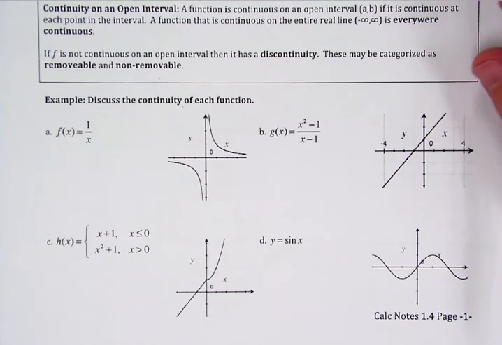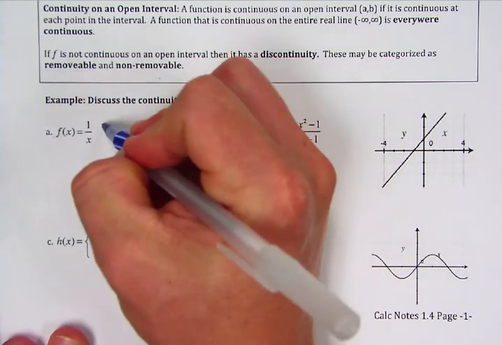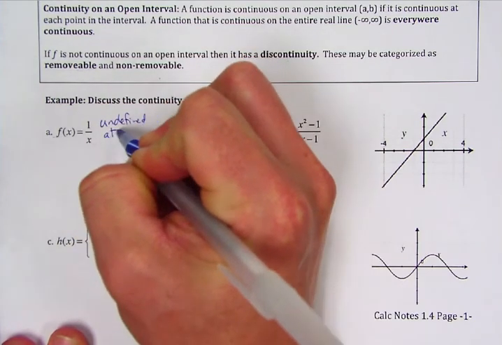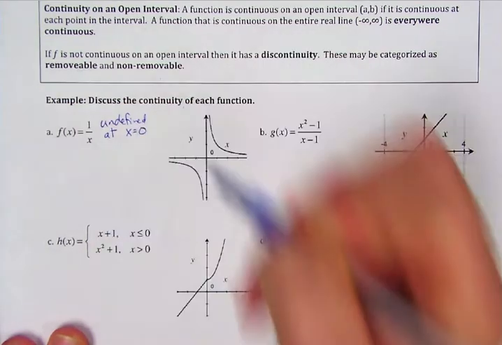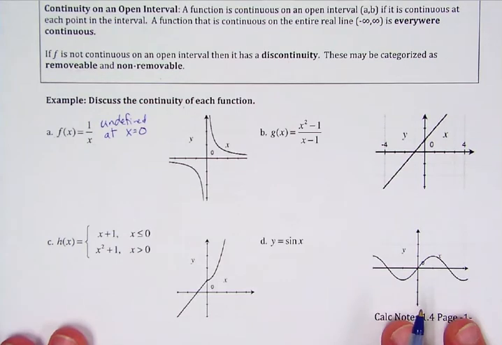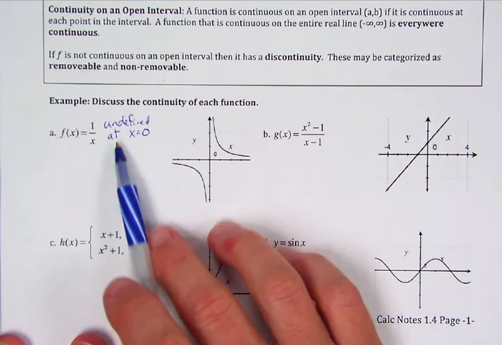It says, discuss the continuity of each function. Now we can look at these things analytically as well as graphically. Analytically, we can see that this function is undefined at x equals 0. So right away, if I were to try f of 0, this would not be defined.